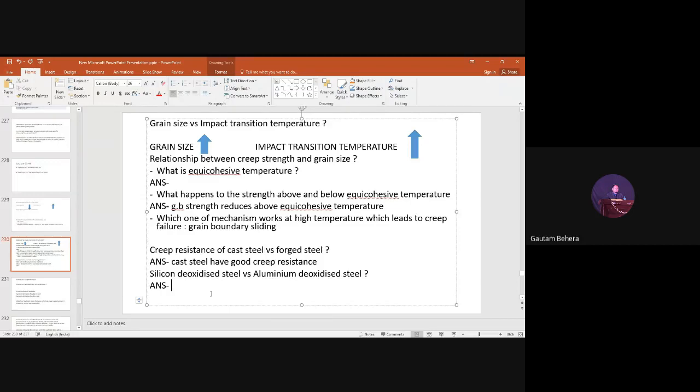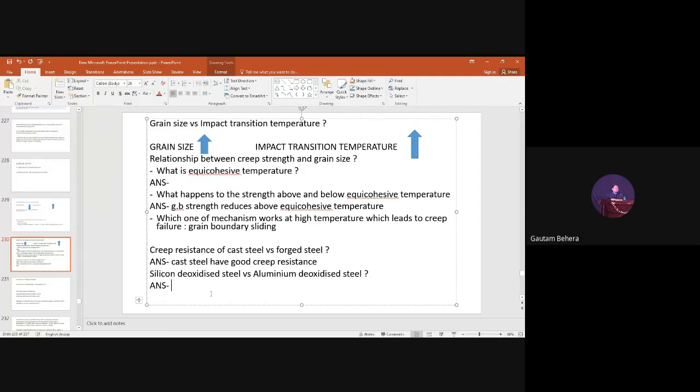Okay, how many of you remember how steels form from iron? From an impure iron, how steels form? By reduction, sir, in the blast furnace. By reduction. My question is how steel forms from impure iron. I'm not asking about iron. Okay, how iron forms from ore?